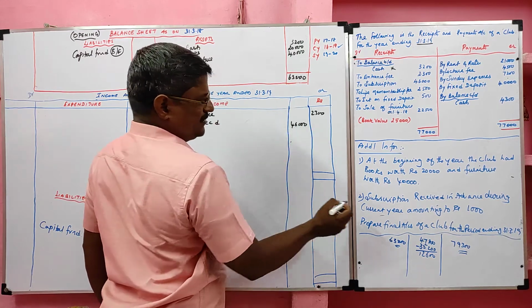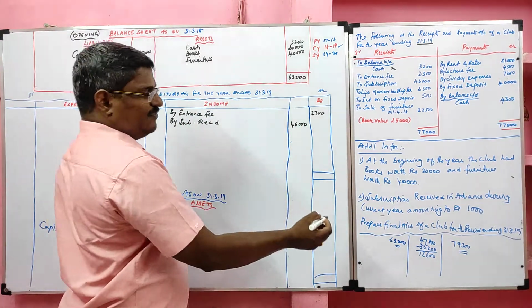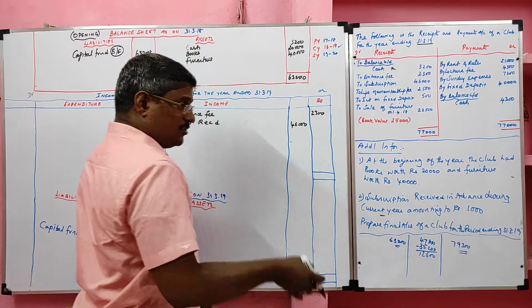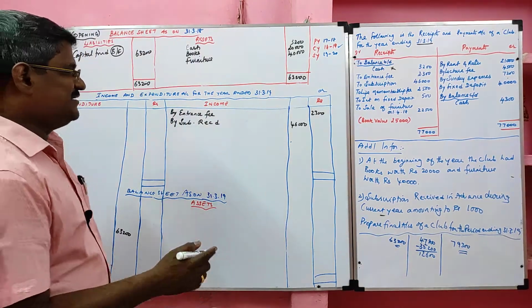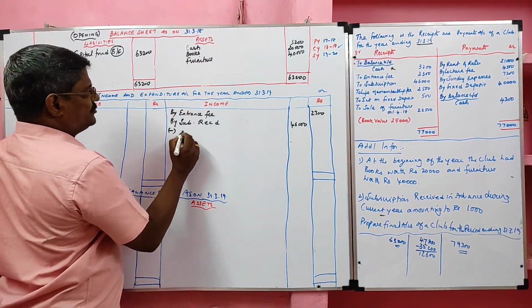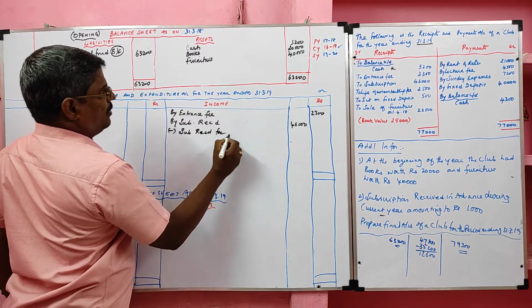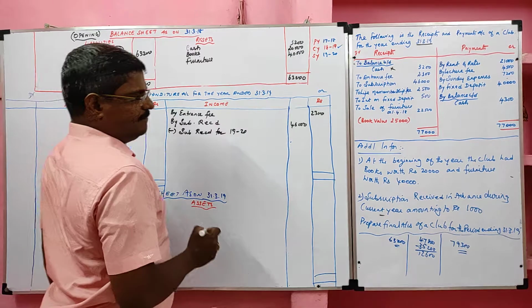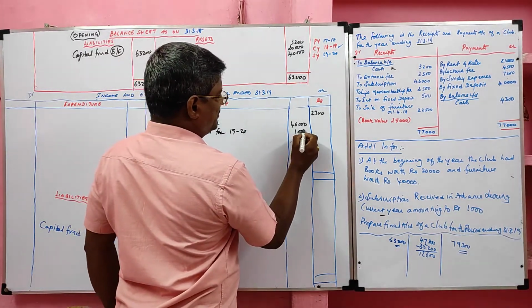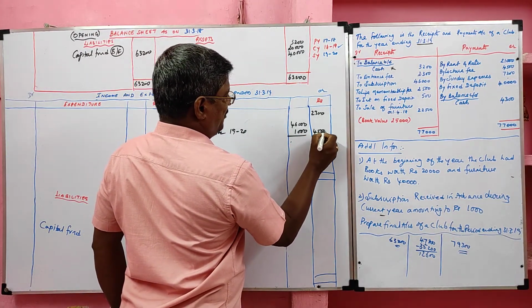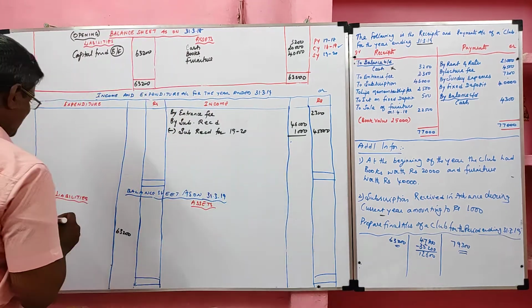It has one adjustment. Subscription received in advance during the current year. So in the current year we received in advance for the subsequent year. What we have to do? We have to deduct subscription received for 19-20, value 1,000 rupees. Balance 45,000. It will go to the balance sheet liability side.